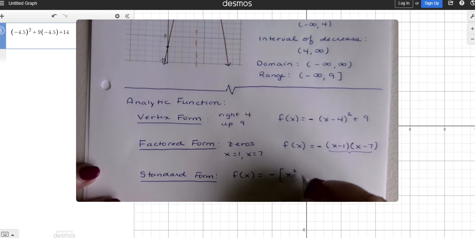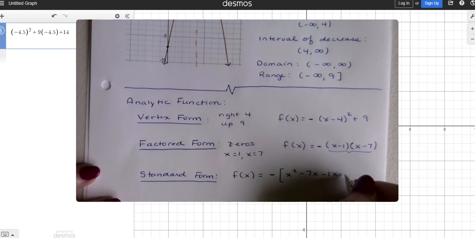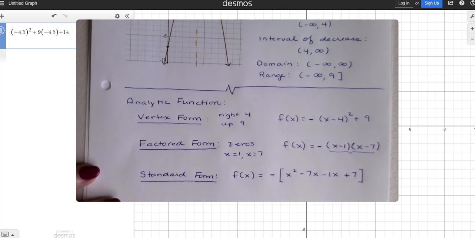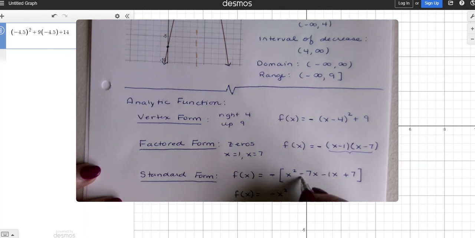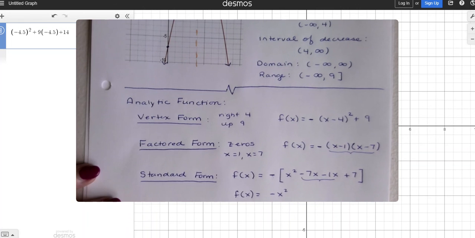x squared minus 7x minus 1x plus 7. And then when I distribute my minus sign, I'll get a negative x squared. That would have been a negative 8x, but because of the negative out there, it becomes a positive 8x. And then a minus 7.